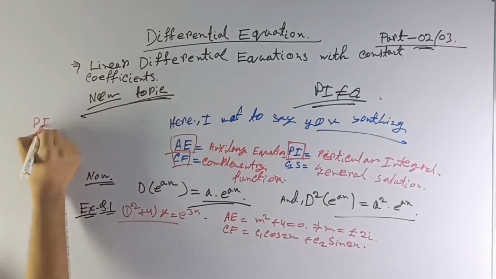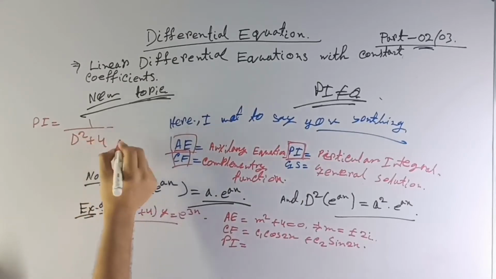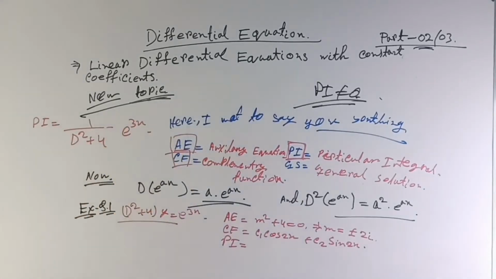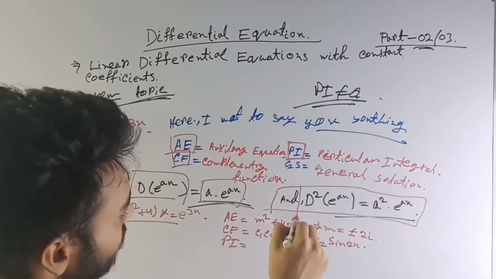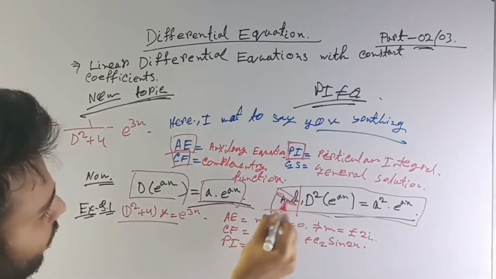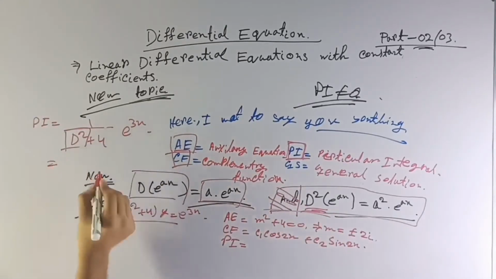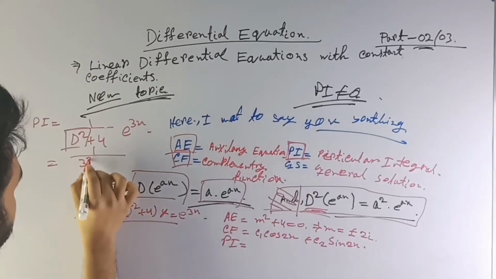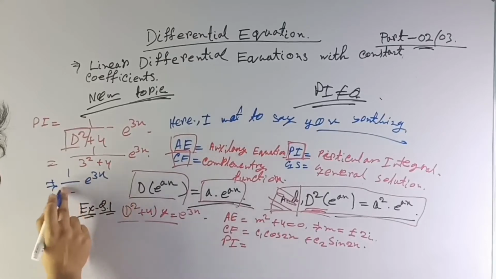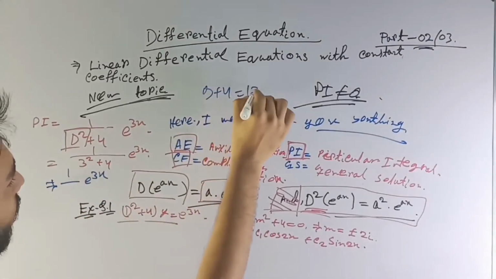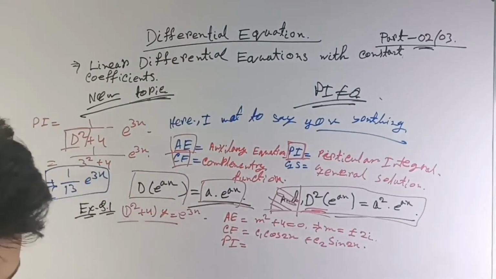Now the PI, the particular integral, is 1/(D² + 4) e^(3x). Here D² is replaced by 3², so 1/(3² + 4) e^(3x). So 3² is 9, plus 4 equals 13.